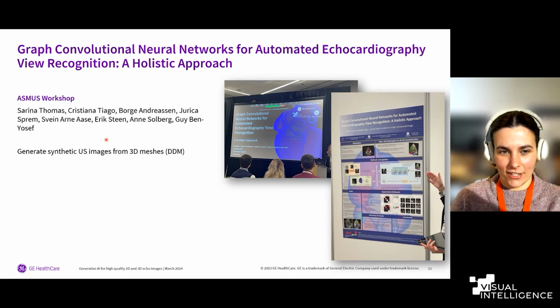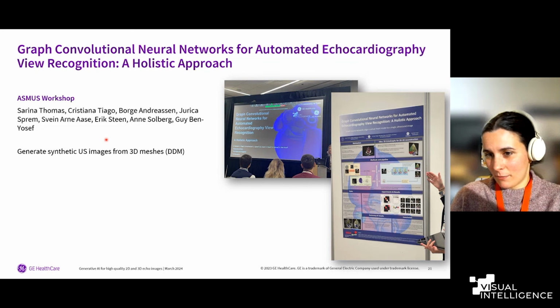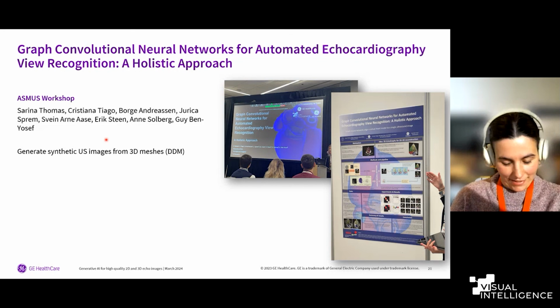I've been working with her and together with other people at UIO and at VE. She submitted the abstract to the MICCAI conference last year. It was accepted for the ASMUS workshop dedicated to ultrasound imaging. And my part in this project specifically is basically to generate more data for Serena.